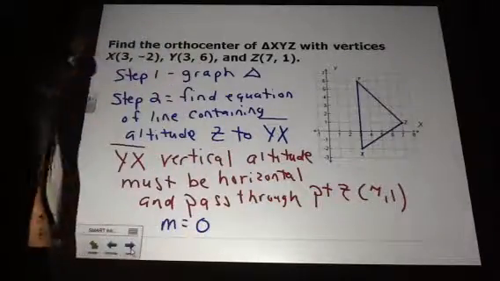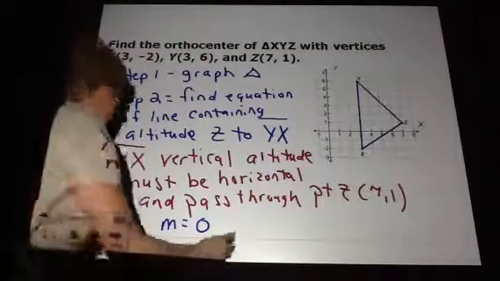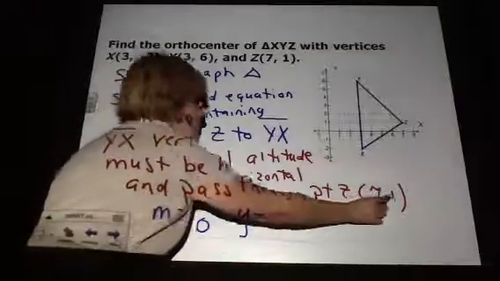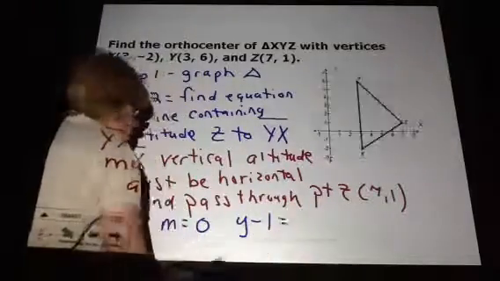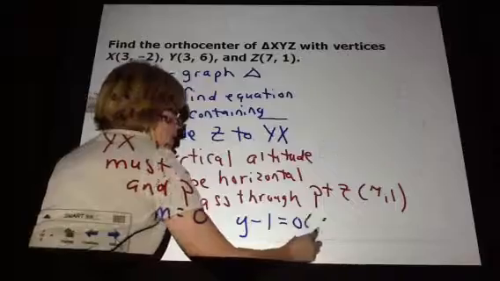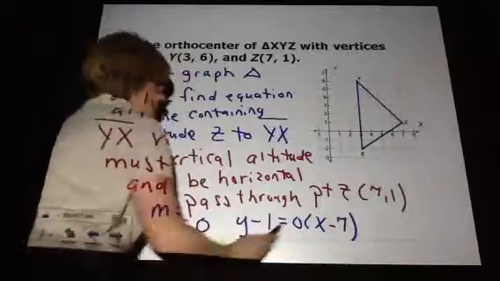Let's use this point that it has to pass through and use our point slope formula. So y minus 1 equals our slope, x minus 7.